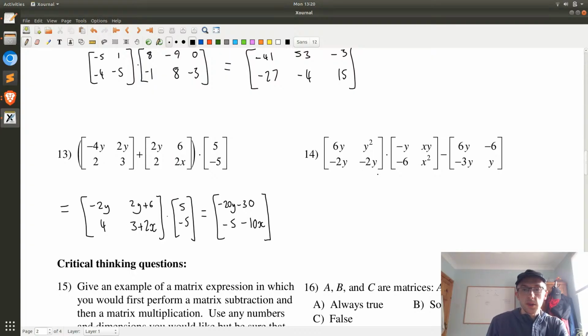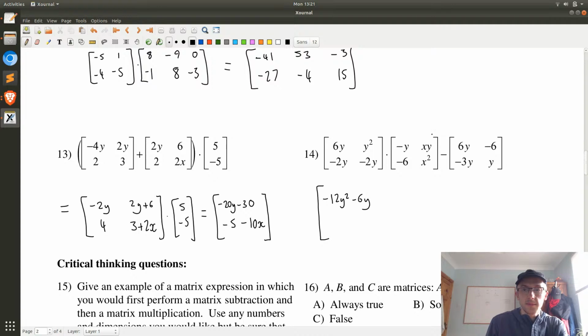Here we shall do the 2 by 2 matrix multiplication first, and then just take away this matrix over here, which is very simple. So negative 6y squared, take 6y squared, negative 12y squared, and then take 6y because of here.